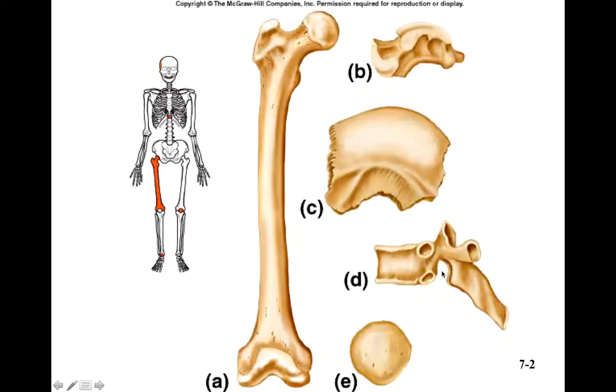Bone classifications. We have long bones, which is what A is. Okay, so long bones are generally longer than they are wide. And then up here at B, B is an irregular bone.